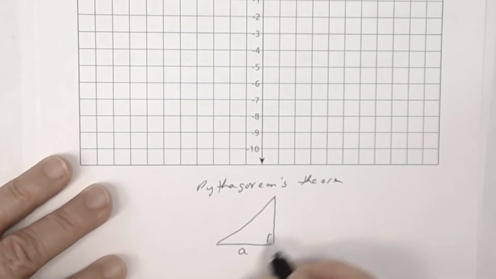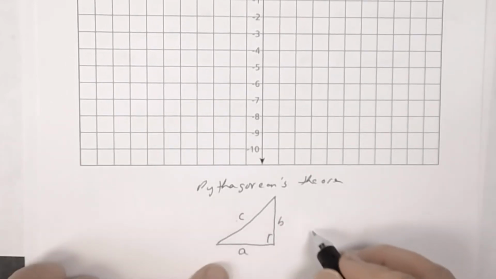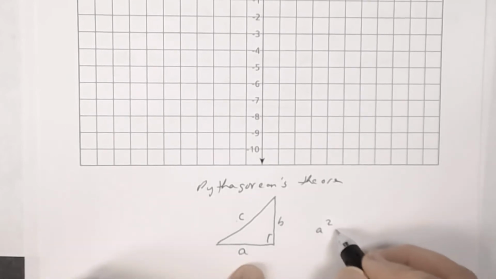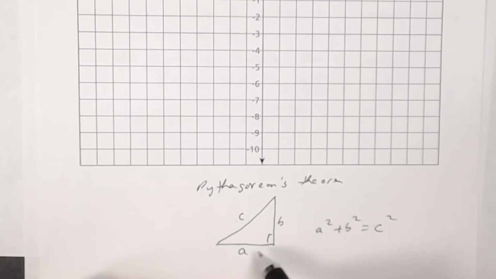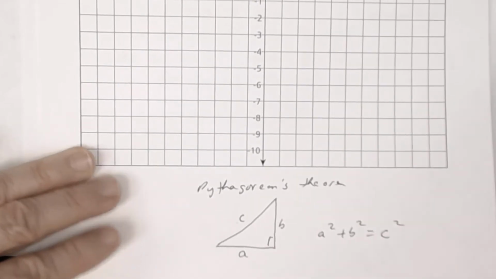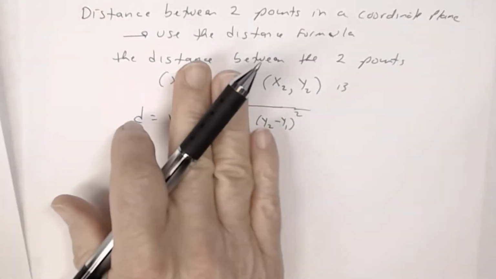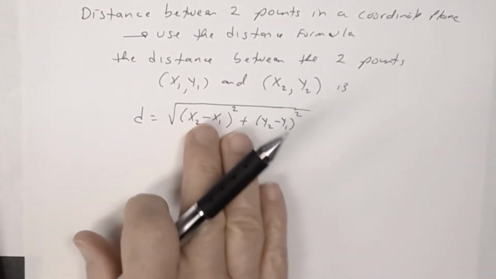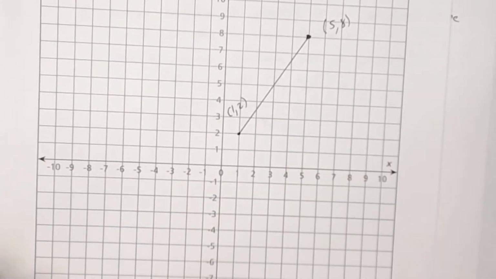It said that these legs and the hypotenuse we labeled C, it says that if I square each leg and add them up, that's going to equal the hypotenuse squared. So a squared plus b squared equals c squared. That was Pythagorean's theorem. I can use Pythagorean's theorem in this situation here. Okay? Now, they want you to use the distance formula, but to derive the distance formula, let's review how to do this using Pythagorean's theorem.